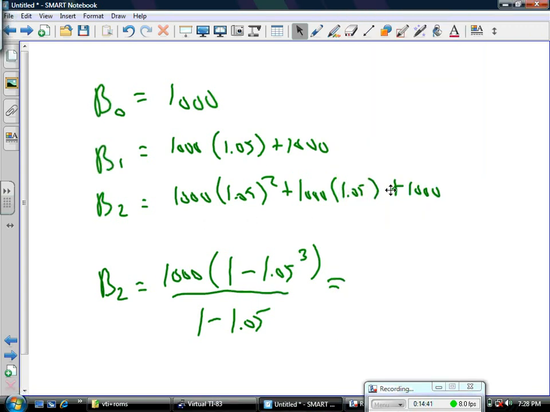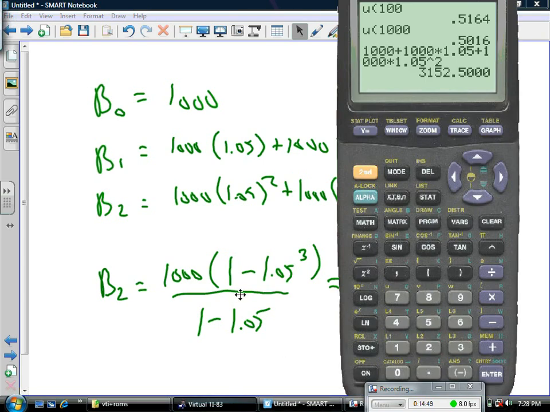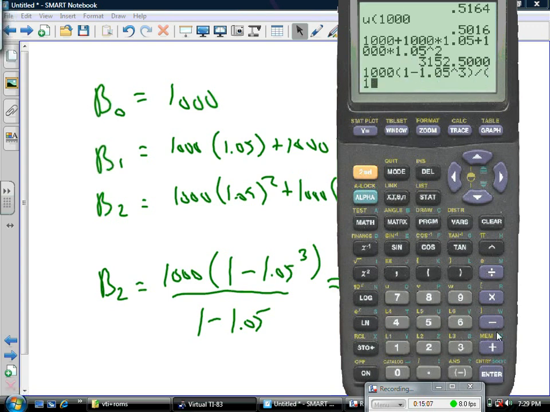Is that the same thing as this? Notice what I did was I just plugged this in, right? Now I'm going to plug this in and see that it's the same thing. I'm just confirming this rule for you. All right, so let's plug this in. It's going to be 1,000 times 1 minus 1.05 cubed, that's the numerator, divided by 1 minus 1.05, or negative 0.05, right?